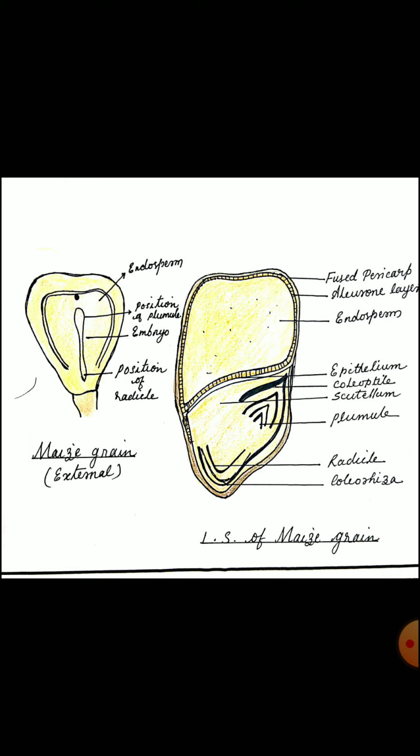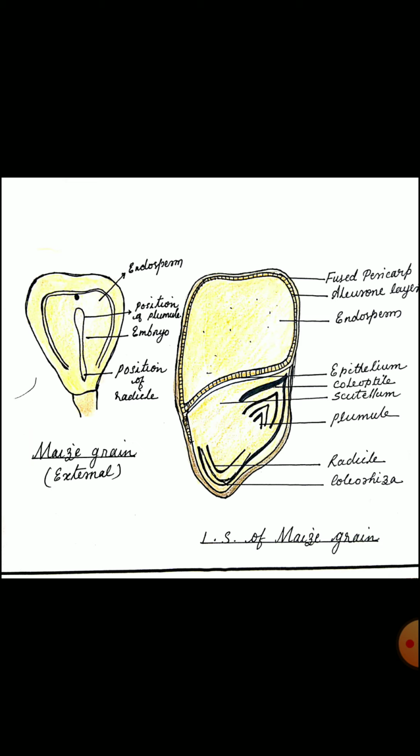This diagram shows the external view of the maize grain along with the longitudinal section. In the external view, one side of the grain has a light colored oval area, which is the location of the embryo, and the remaining large part is the endosperm, the reserved food material for the growing embryo.